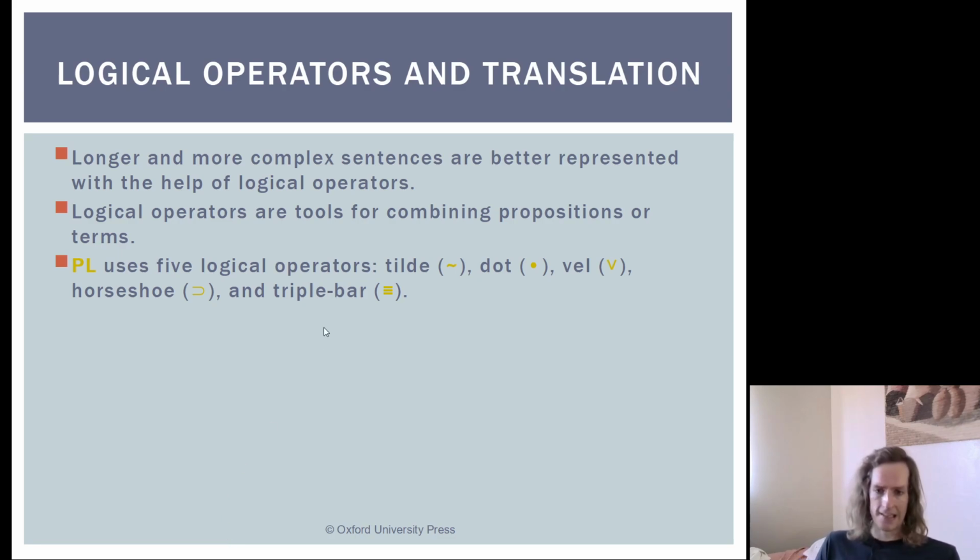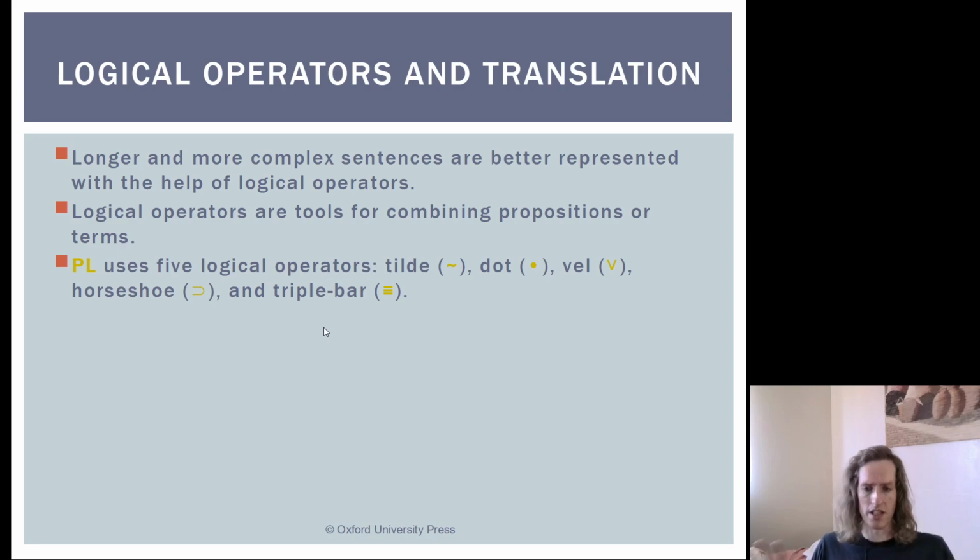Right. And so if we have simple sentences represented by just an uppercase letter, that's our variable that we're working with, and we can use operators to modify the meanings or to express a relation between two of these variables.